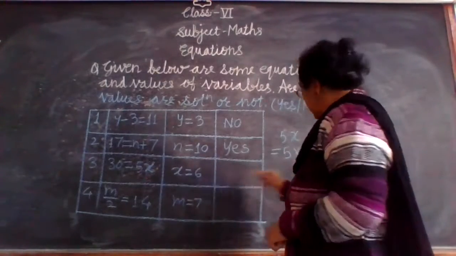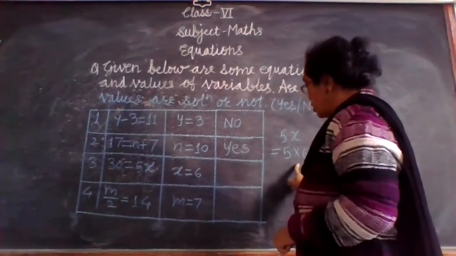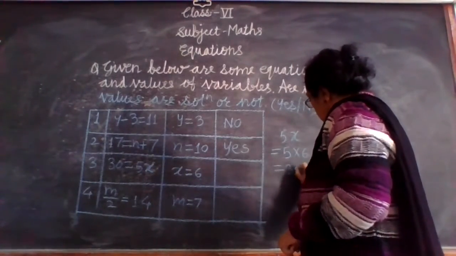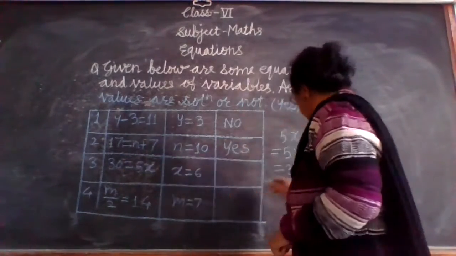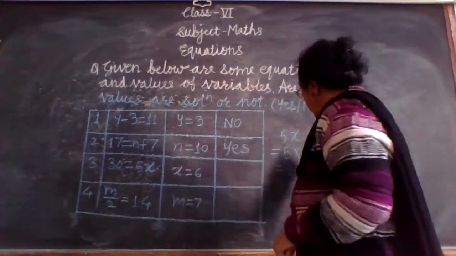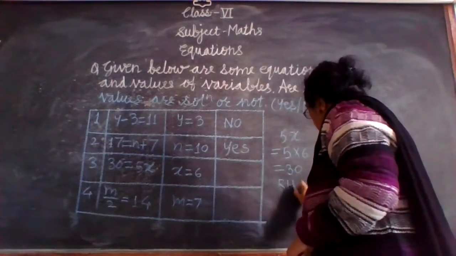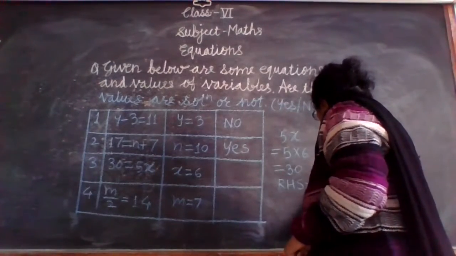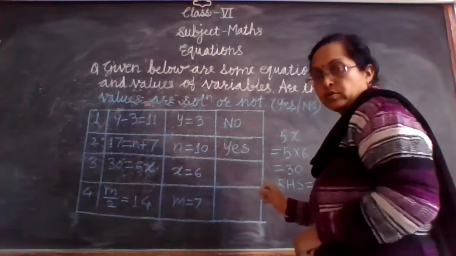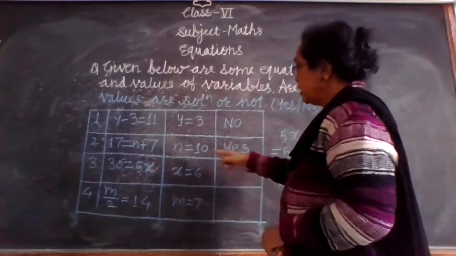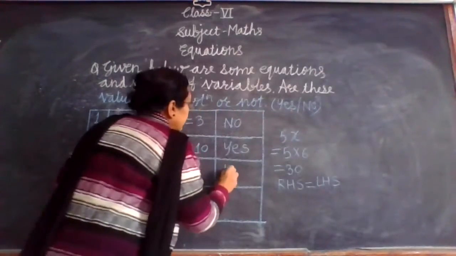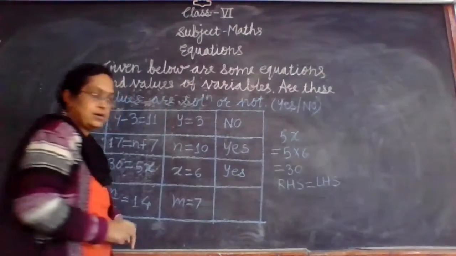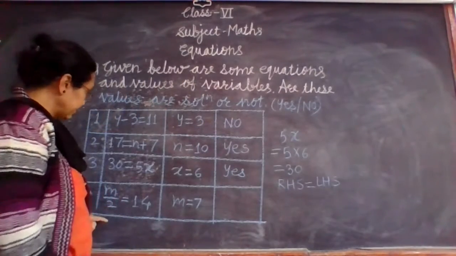So 5 times 6 comes out to be 30, and that is equal to the left hand side. So the right hand side is equal to the left hand side. So we will say that this is the solution of the equation. We will write yes in this line.